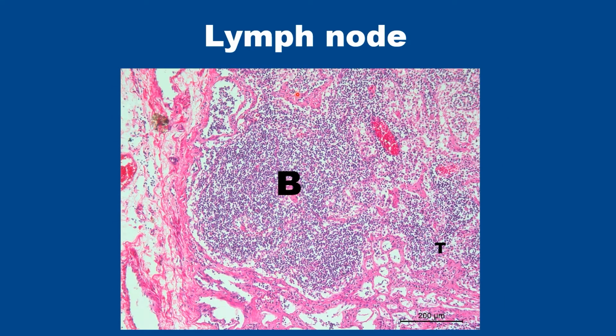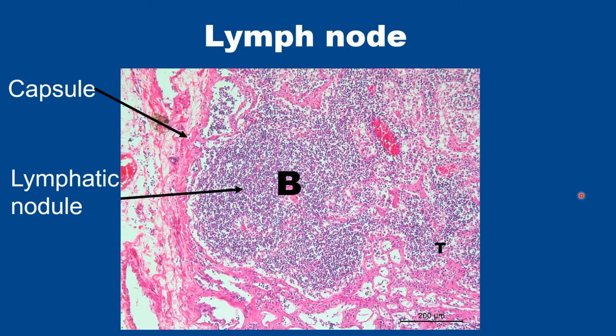This is a higher magnification of a lymph node showing the capsule. Just below the capsule is the subcapsular sinus. Then beneath that is the lymphatic nodule, which contains the B lymphocytes. Deep to the lymphatic nodule is the paracortical region, which contains T lymphocytes.